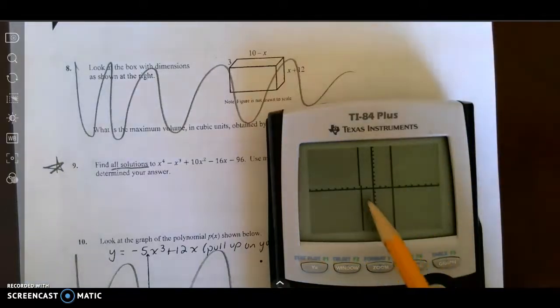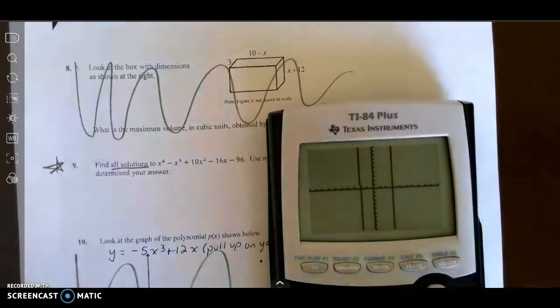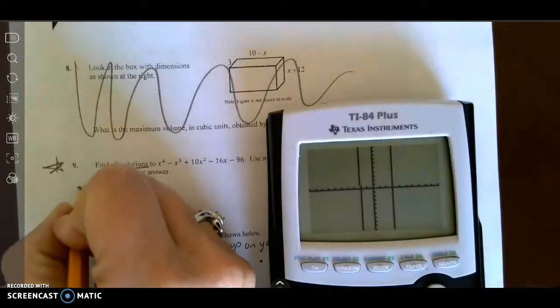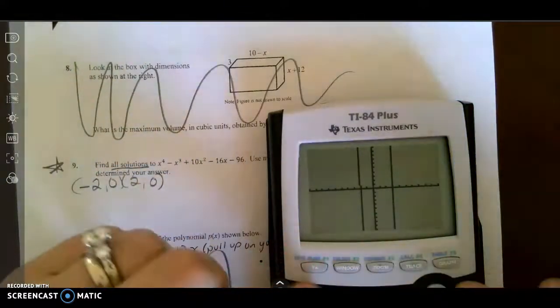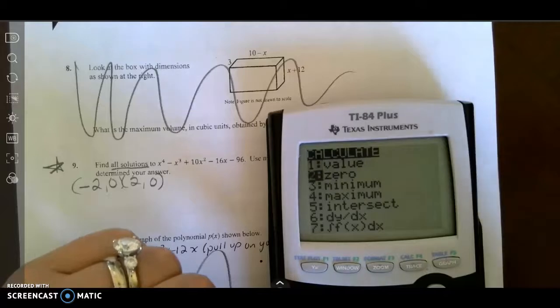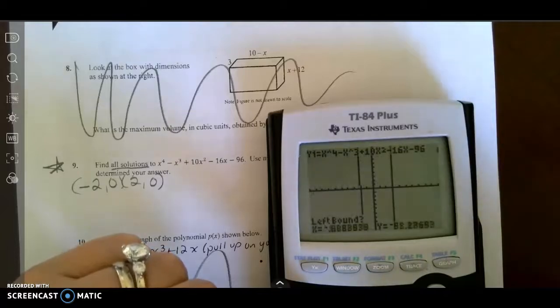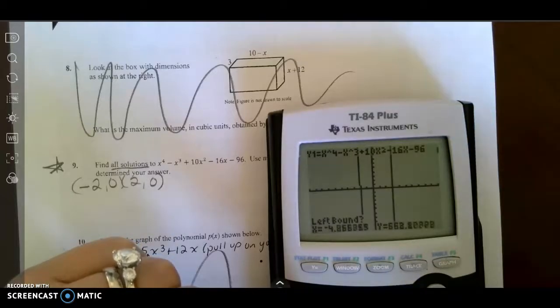Okay, I can see that one of my solutions is -2 and one is +2. If you're not certain about that, looks like -2 is a 0 and +2 is a 0. You can do second trace, 0. Let's find that little spider. Somehow I keep missing it.